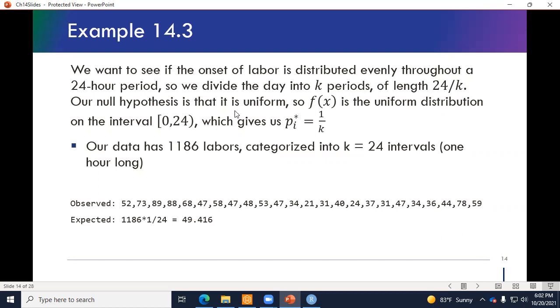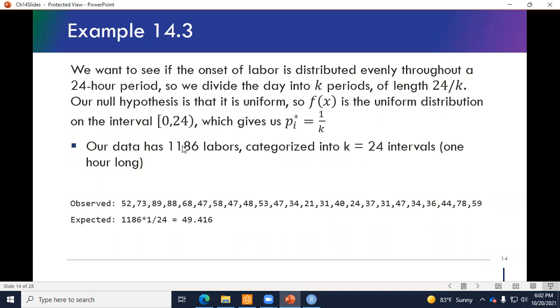The null hypothesis says the number of labors is uniformly distributed, so f(x) is the uniform distribution on the interval from 0 to 24. We know all cells have equal probability, so pi star would be 1 over k, 1 over 24 when we have 24 intervals.